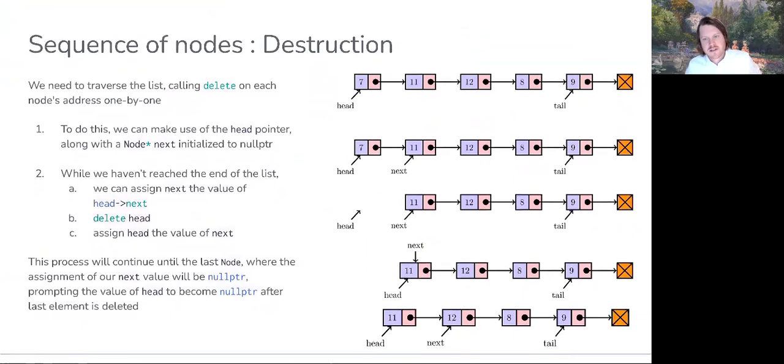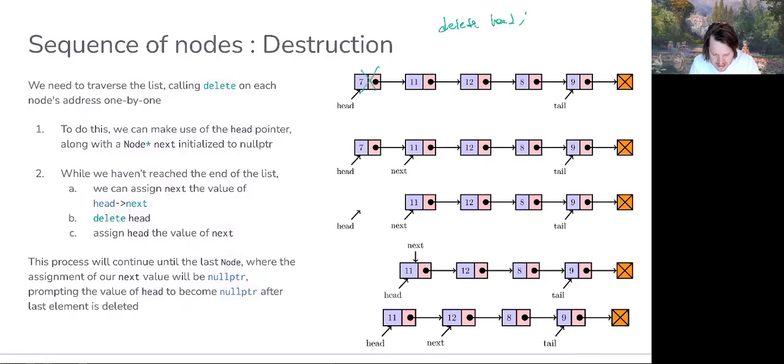Now we talked about the destruction process here briefly, and I just want to provide a brief recap thereof. We said that if we wanted to deallocate memory for the sequence of nodes residing on the free store, we're going to have an equal number essentially of calls to delete as we initially did to new. We said that simply writing delete head is problematic because that's going to essentially cause a memory leak.